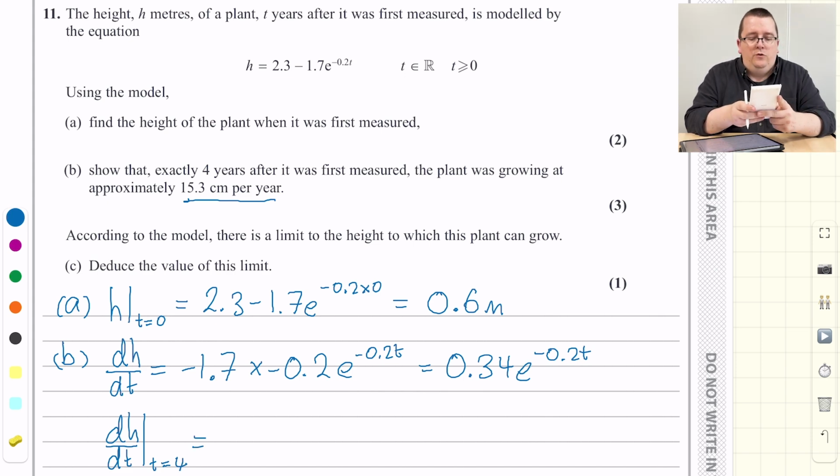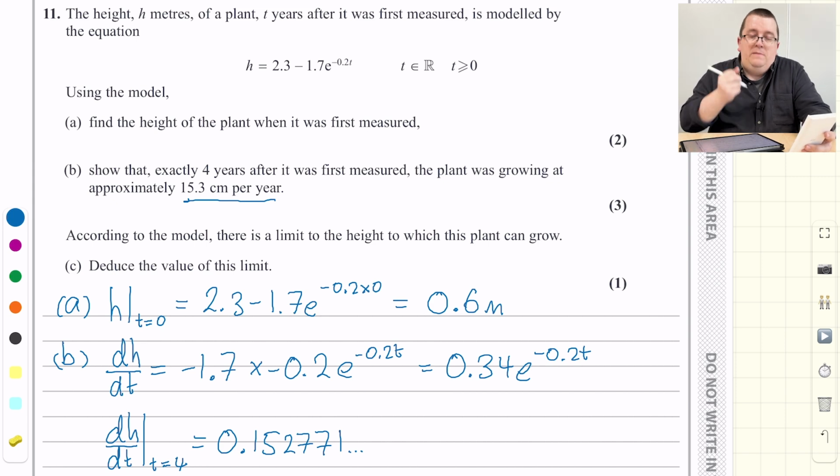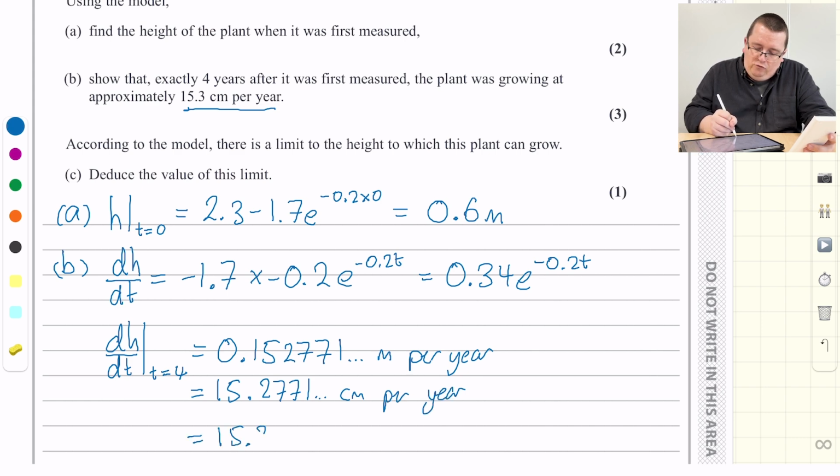So we get 0.34 times e to the power of minus 0.2 times 4, which is 0.152771, etc. Now that is in meters, so that's meters per year. And to convert that into centimeters, we multiply through by 100, so that's 15.2771 centimeters per year, which is 15.3 centimeters per year to 1 decimal place.